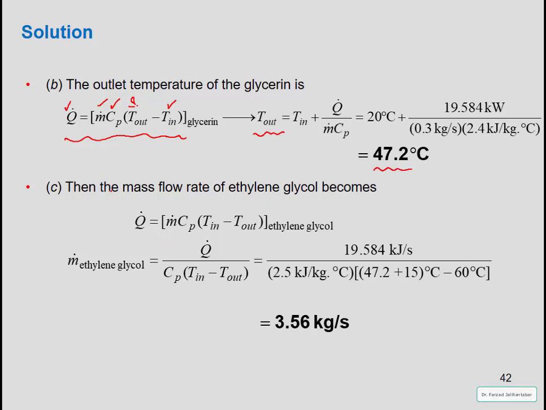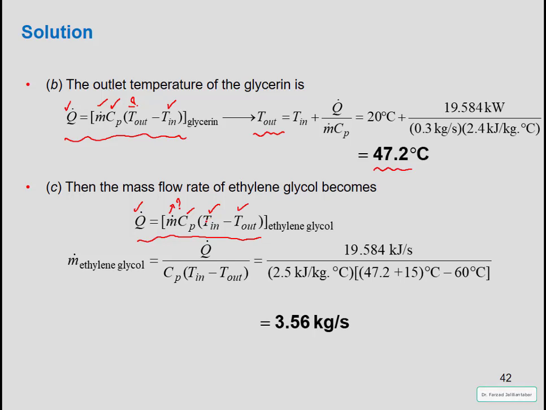At part C of the question, we should find the mass flow rate of the ethylene glycol. Again, we use this equation, Q dot equal to m dot Cp T in minus T out. Q dot is known, m dot is unknown, Cp is given in the question, and T in and T out for the ethylene glycol.